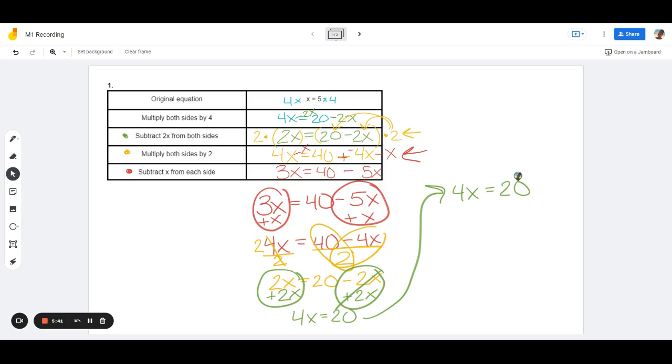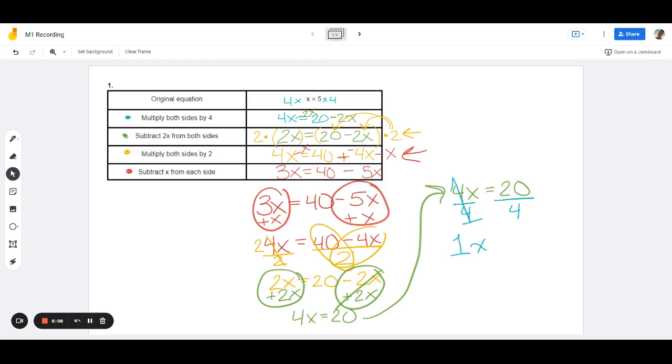And the last thing that we have to undo is multiplying both sides by 4. So instead, we're going to divide both sides by 4. We have to divide the entire left-hand side and the right-hand side. So 4x over 4, well, 4 over 4 is 1, right? So we just end up with 1x. But we usually don't write that 1 in front.